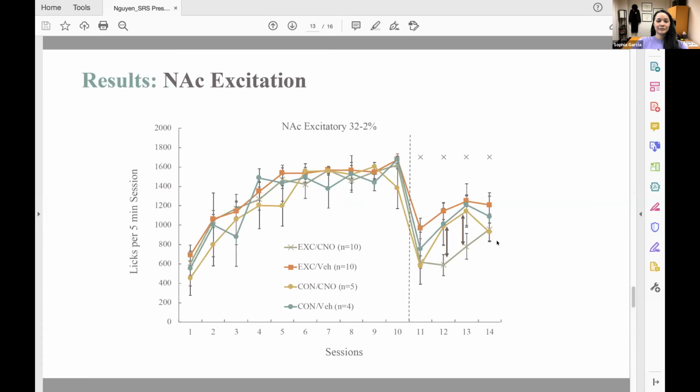In one of the groups, you mean? No, we actually did not find a significant difference in that group. I think you were talking about the yellow one, the control CNO group. The difference between session 13 and 14 was not significant.